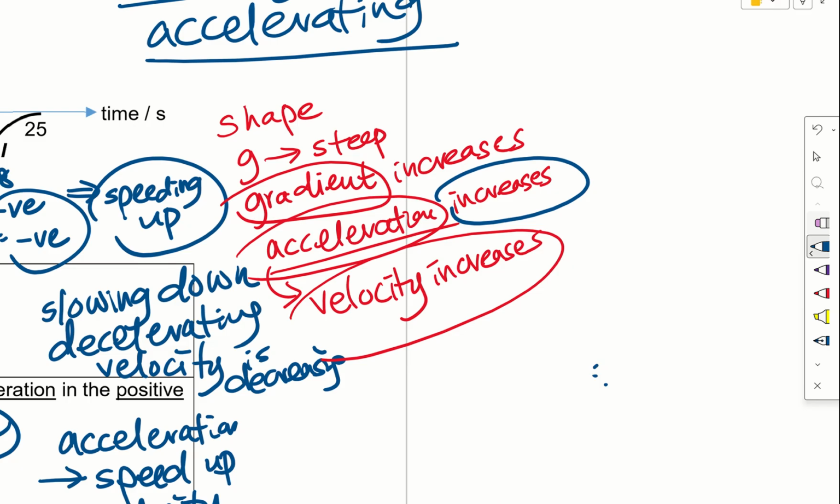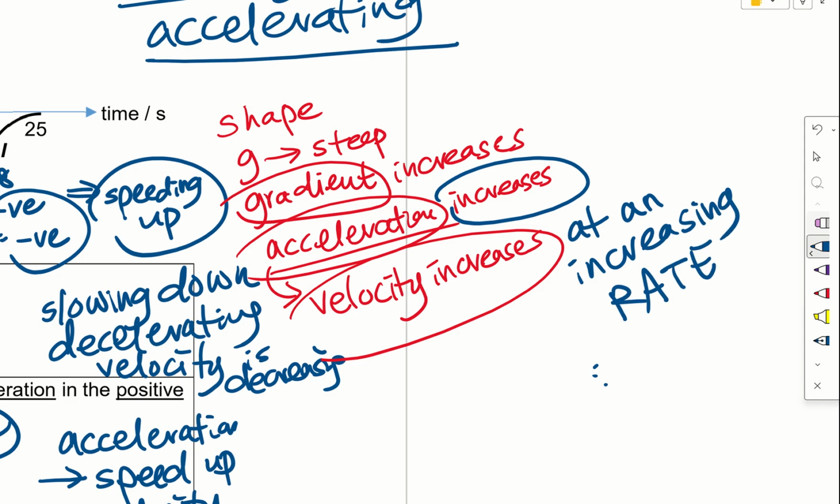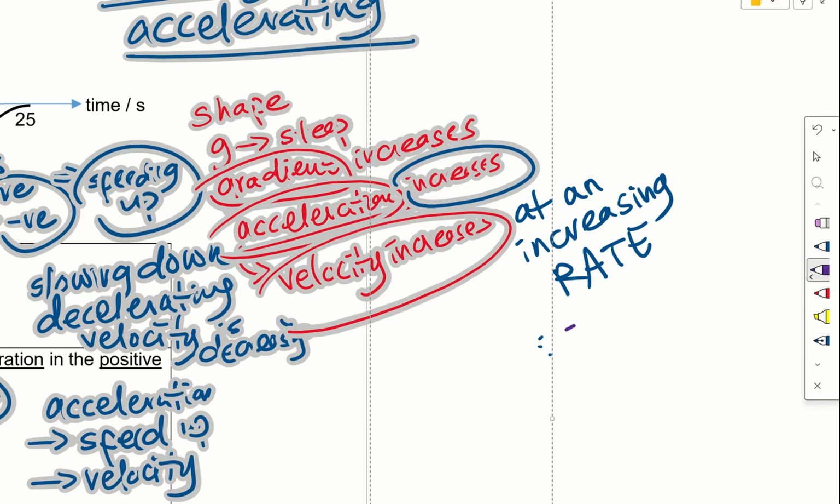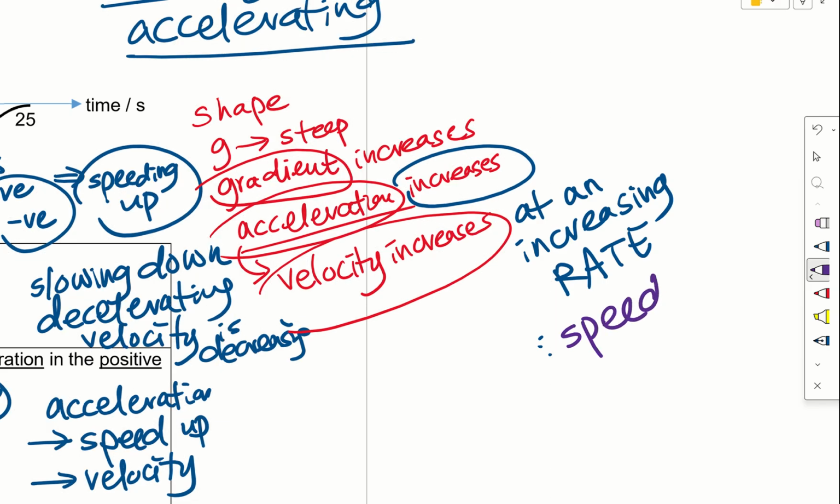That means the velocity increases at an increasing rate. Why do I put rate as a capital letter? Because a lot of times students will say the velocity increases at an increasing speed. They try to use speed to replace rate. This is not very accurate, so use rate.